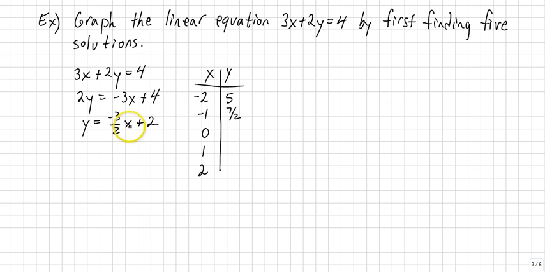If we plug in 0, we end up with 2. And if we plug in 1, we end up with 1/2. And if we plug in 2, we end up with -1. So these are ordered pairs that are solutions to this equation. If I plug that ordered pair in for this equation, it'll be a true statement.